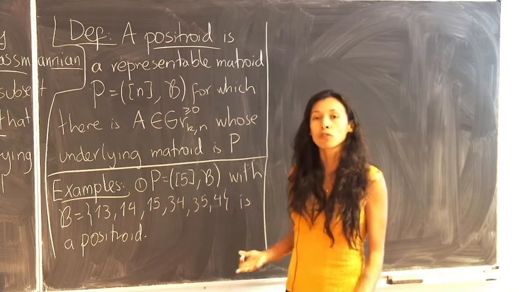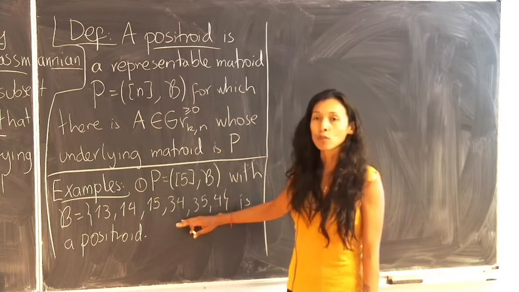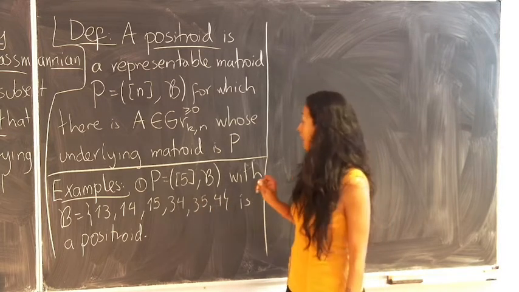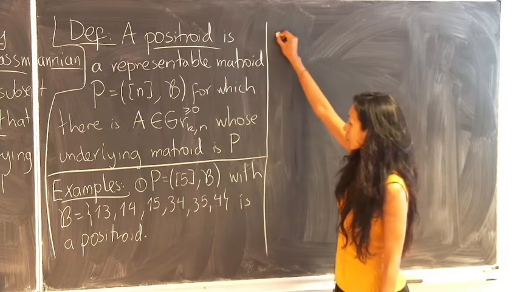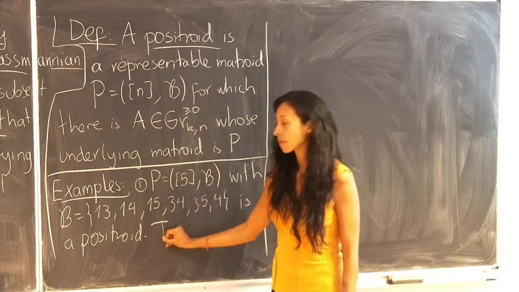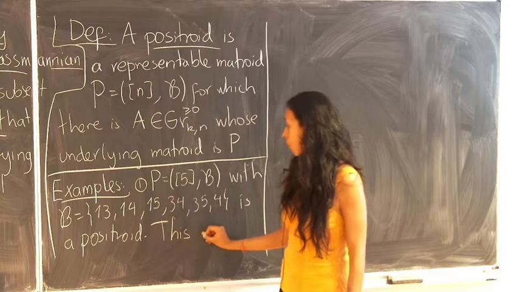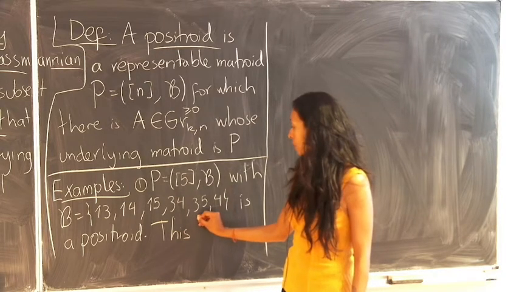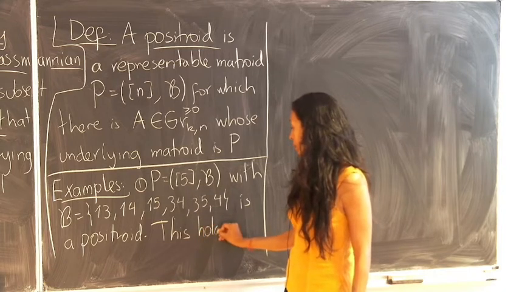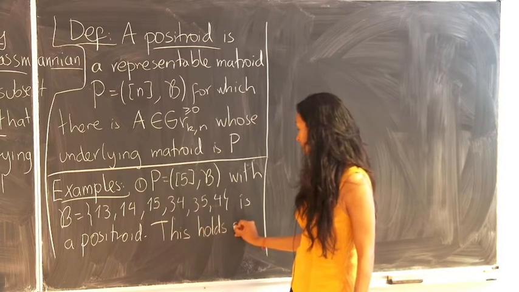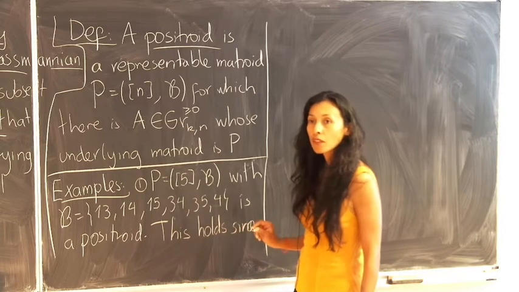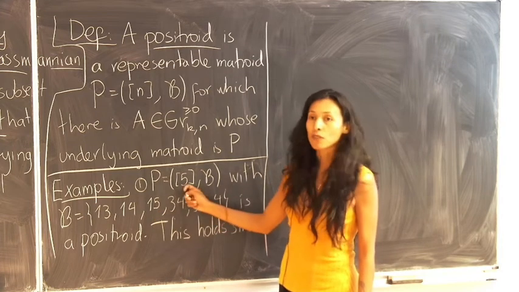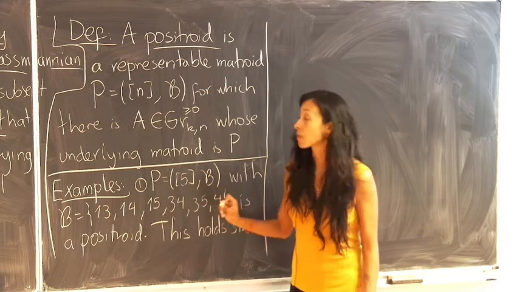So if I were to do that, what should be the size of the matrix I need to construct? What do you guys say? Can you tell me what should be the size of the matrix that we should be looking for? 2 by 5, exactly, because this has rank 2 and my ground set is 5, so we have 2 rows and 5 columns.